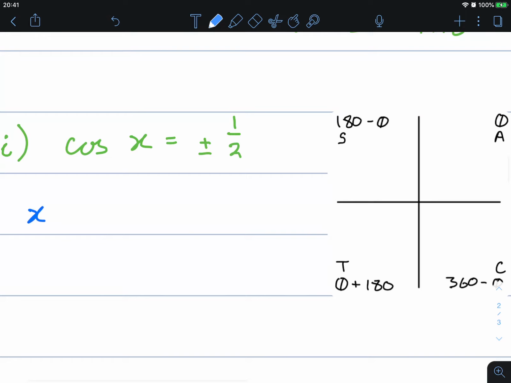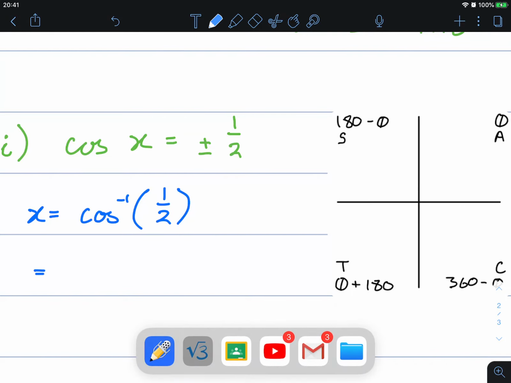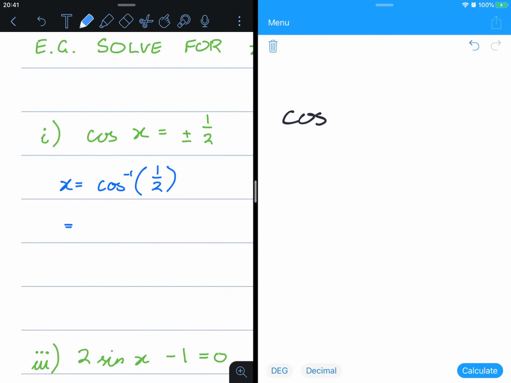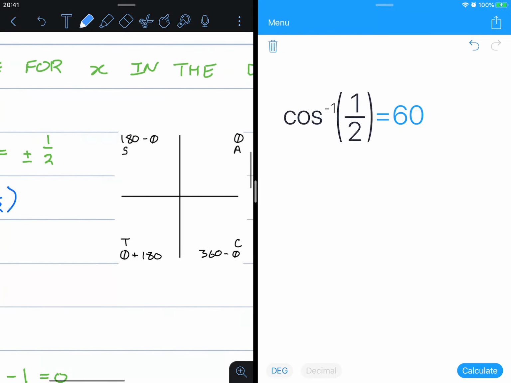So x is equal to inverse cosine of positive half. Well, this will give us 60 degrees. And that is one answer in the first quadrant.